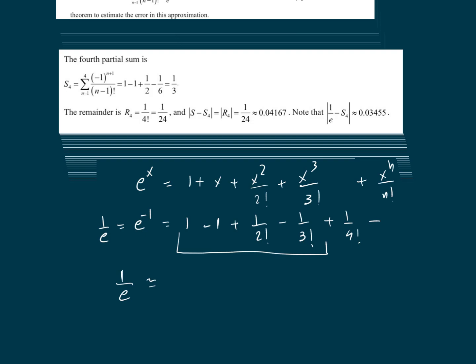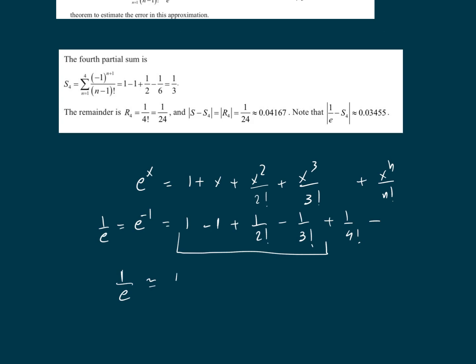So 1 divided by e is approximately 1/3, or approximately 0.33.